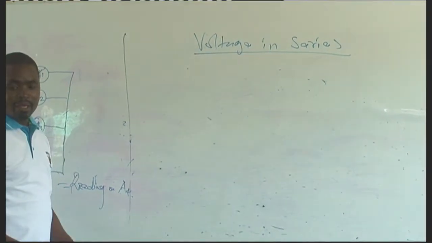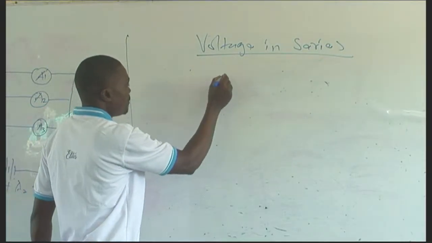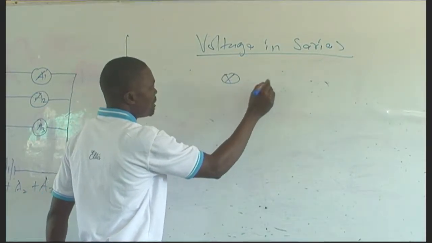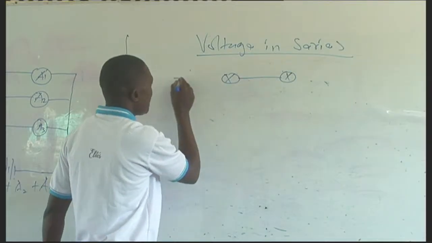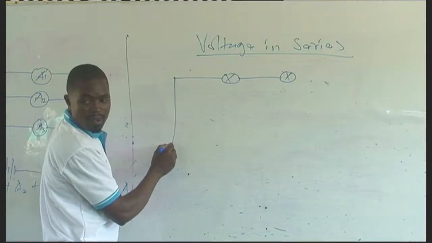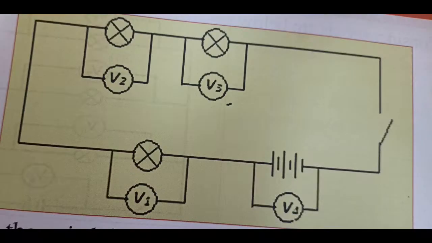arrangement, we can use this diagram that will help us learn more about it. We have a lamp or a bulb. Across this, one of the voltmeters.